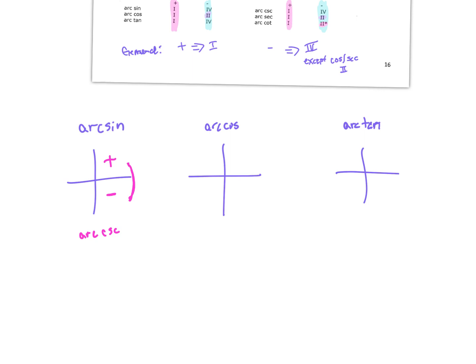Okay? For arc cosine values, in other words, inverse cosine values, for positive values, we're going to look in quadrant 1. For negative values, we're going to look in quadrant 2. And this is also going to be the case for arc secant, or in other words, inverse secant.